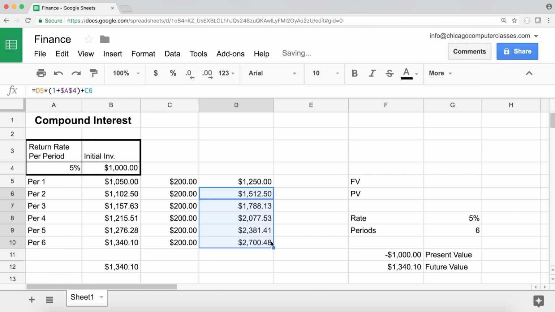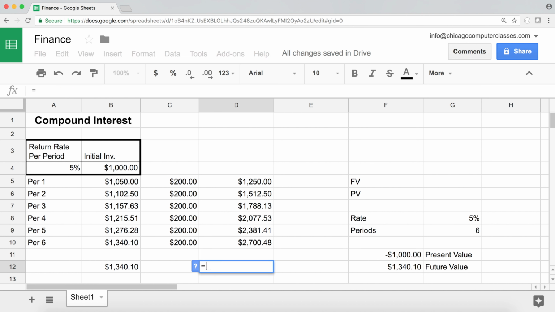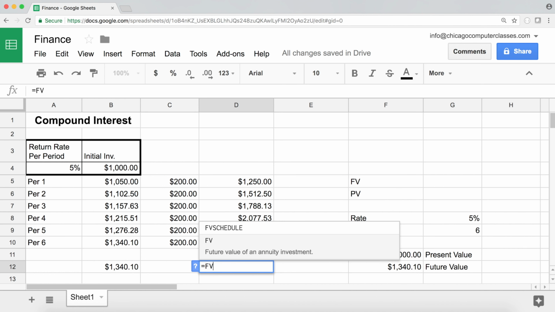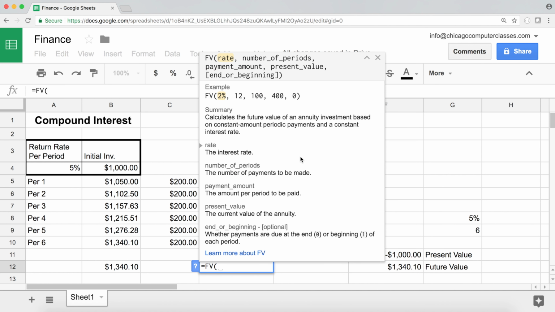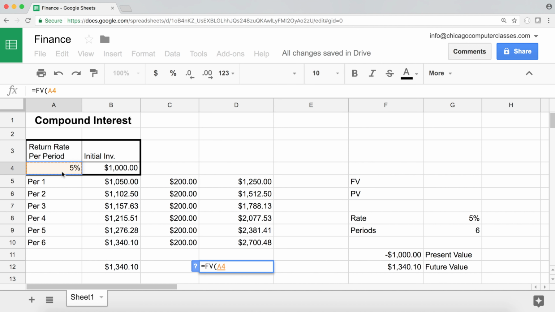And I'm going to keep adding this down, and I'm doing another $200 here, right? And I ended up with this much future value, 2,700. So let's get to that same number using the FV function, equals FV, future value. So I'm going to have my rate, 5%.